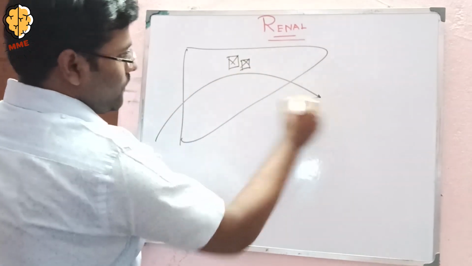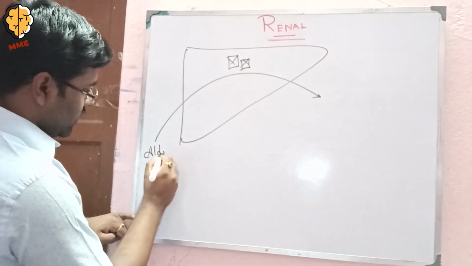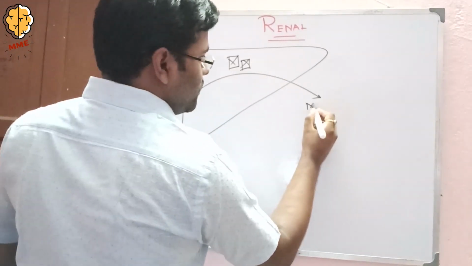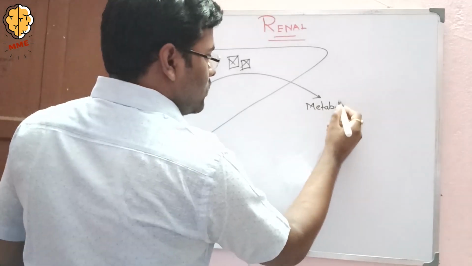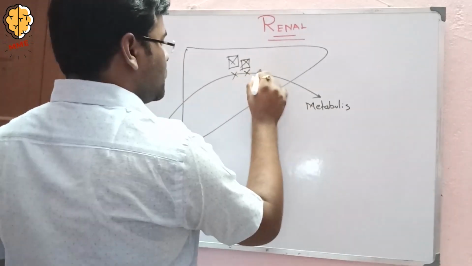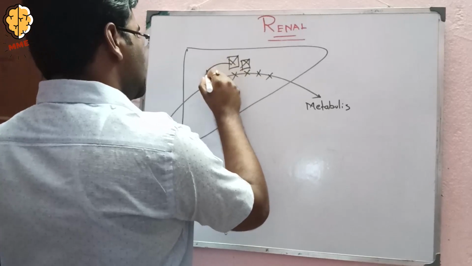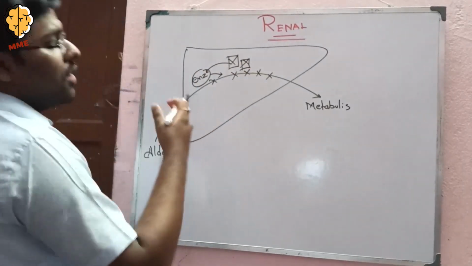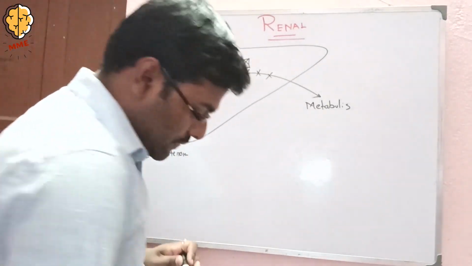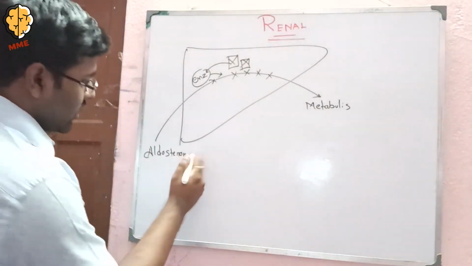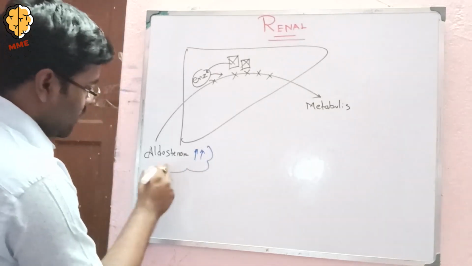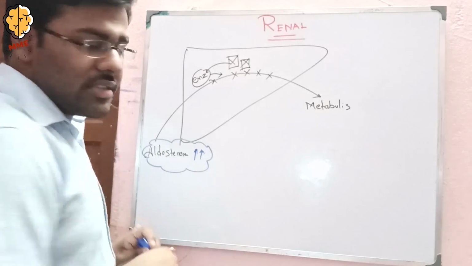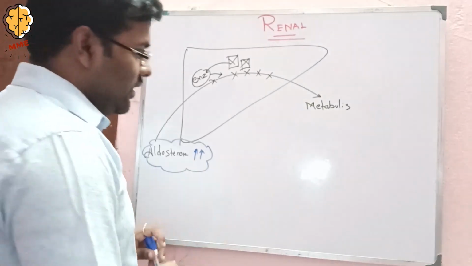So the aldosterone metabolism does not occur, because the enzyme for the metabolism of aldosterone is not secreted from the damaged parenchyma of the liver, and the aldosterone gets increased. So hyperaldosteronemia occurs, and it causes retention of sodium and water in the renal tubules.